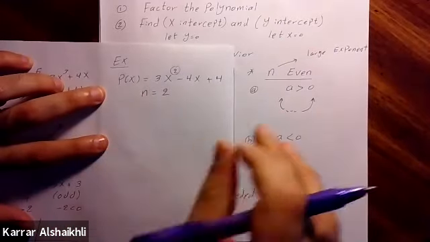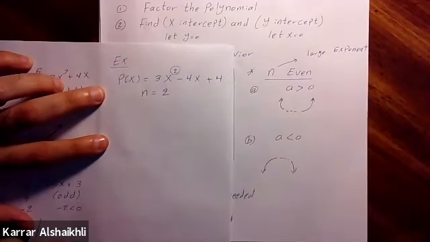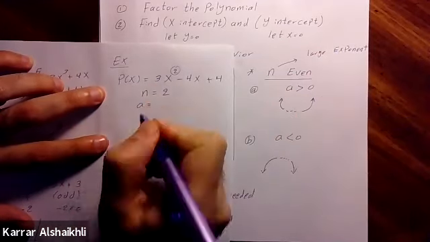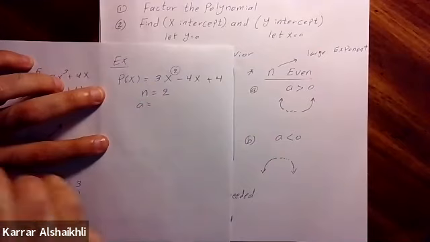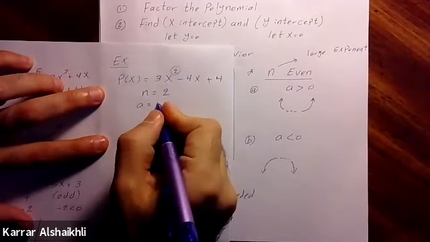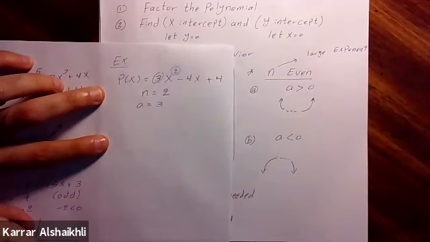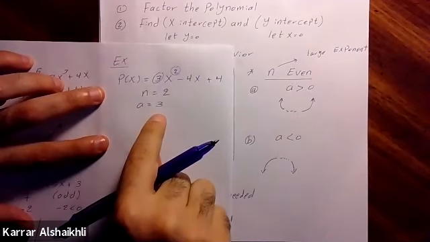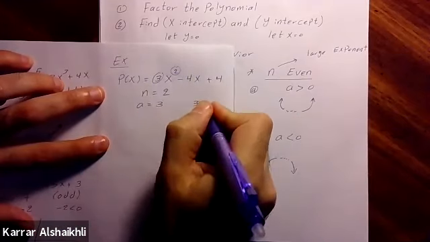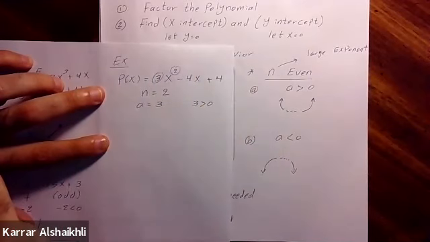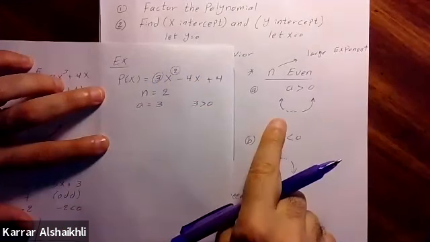Now I need to know which option I'm going to choose. It depends on the number a, the coefficient. The coefficient here is 3, which is the number beside the large exponent. So the coefficient a equals 3, that means 3 is positive because it's greater than 0. So for my end behavior, I'm going to choose the first option.